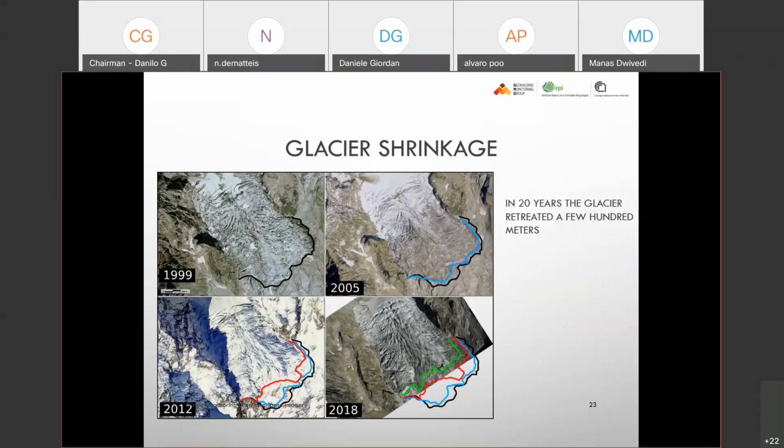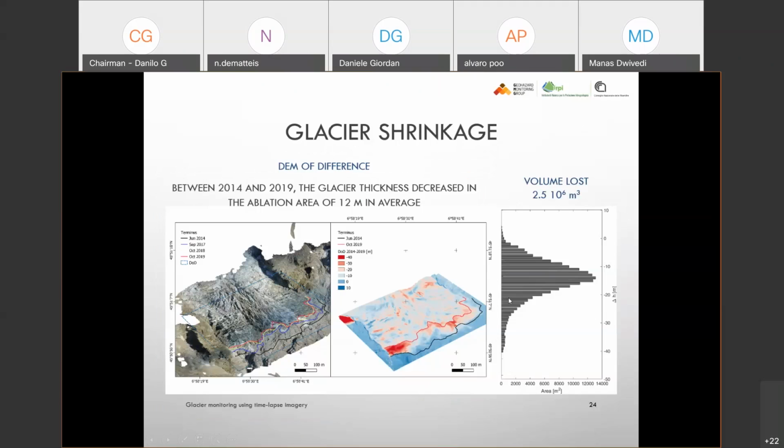But not only the area reduced, also the thickness of the ice reduced. In fact, the ablation area thinned of about 12 meters on average.